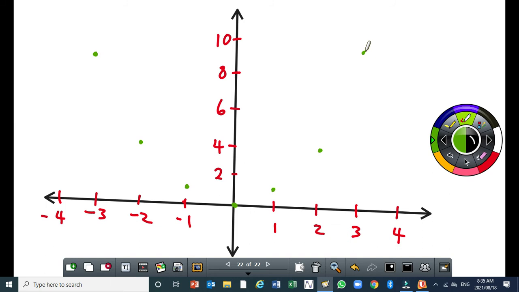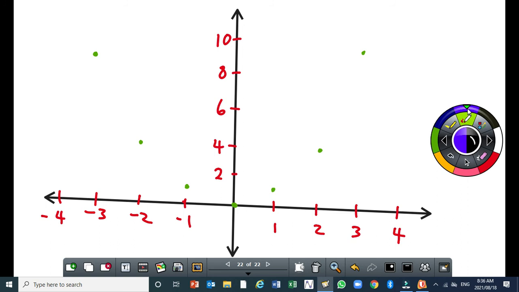Okay. Right? So I plotted now. Now just have to join the points using freehand. Okay? No ruler. You don't sketch it using a ruler.